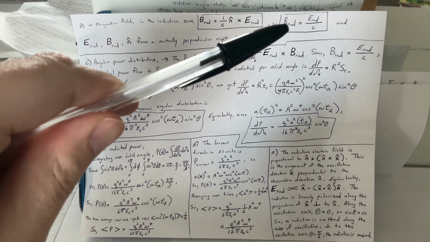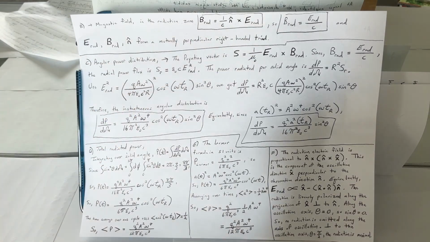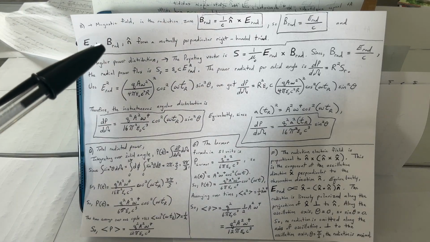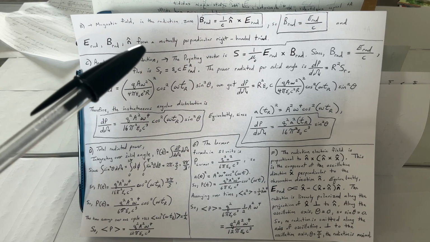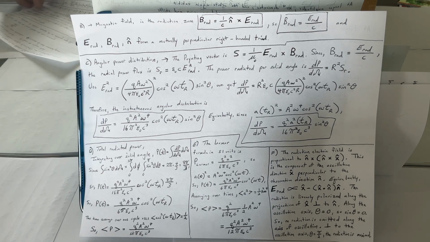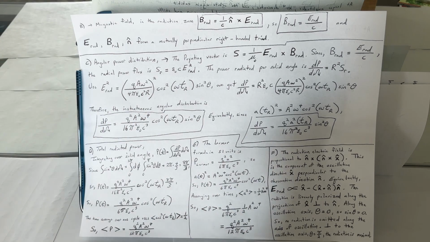So B sub RAD equals E sub RAD over c. And E sub RAD, B sub RAD, and n hat form a mutually perpendicular right-handed triad. Okay, so that's for letter B.